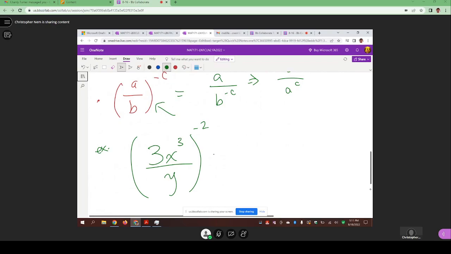But we can use that as a placeholder. So if we follow the exact same definition we have earlier, we have 3 raised to the negative second power x. Now, power to a power states that we multiply the exponent, so we have negative 6 over y negative 2. Now we move them around. Well, all of them have negative exponent, so we're just going to swap all of their position.